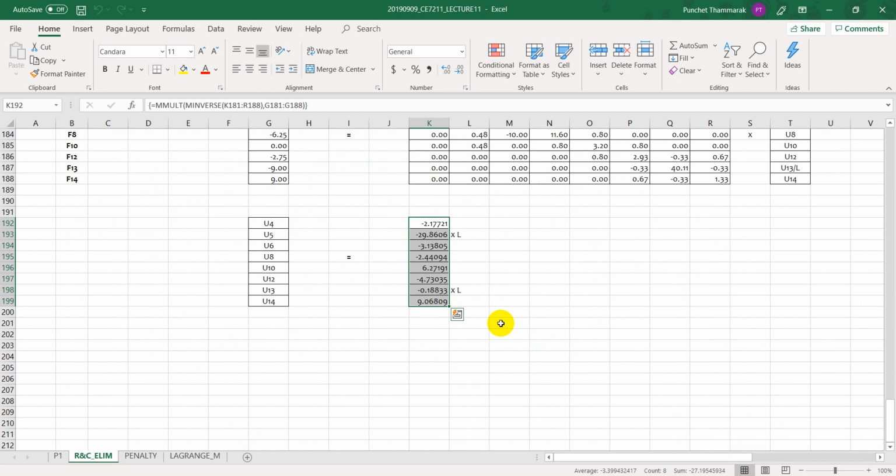That's all you have. And from that, you need to compute first the support reactions, and then you can find other things later on. But how to come up with internal forces and support reactions?